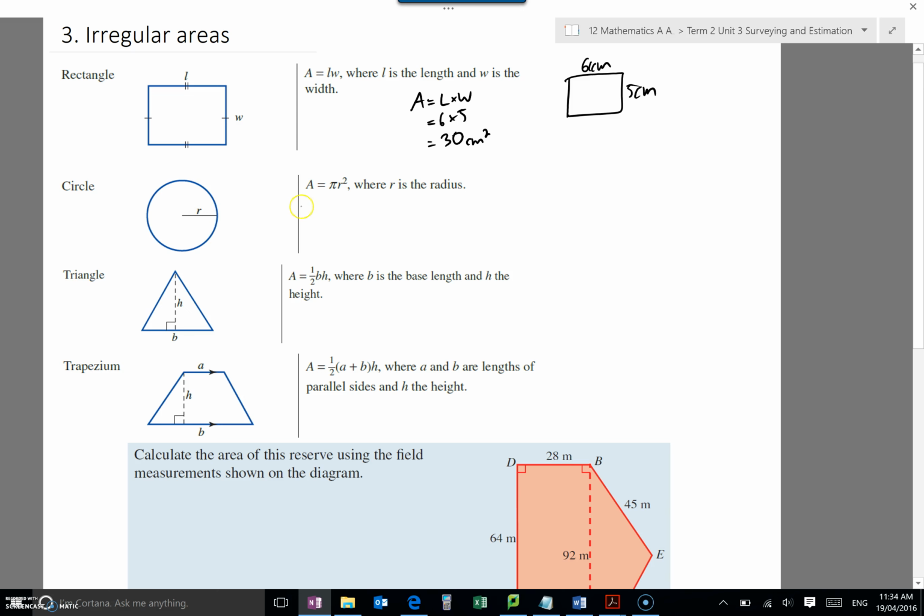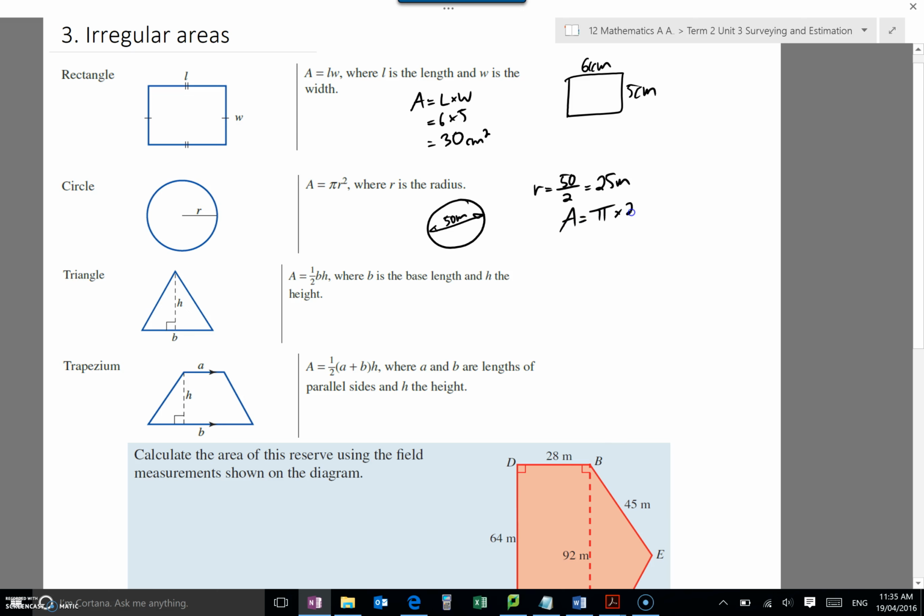For area of a circle, pi times the radius squared. So just as a little example, if I had a circle, say a circular field, with a 50 meter diameter, the radius is half of the diameter, so the radius is 25 meters, and then I'll just find the area.